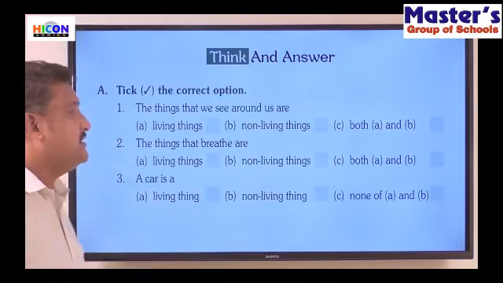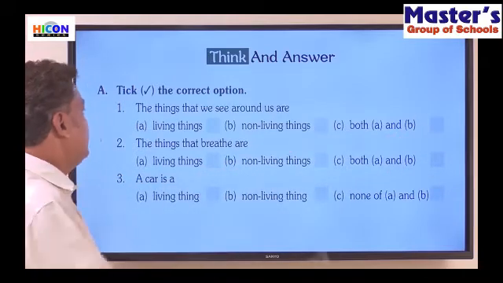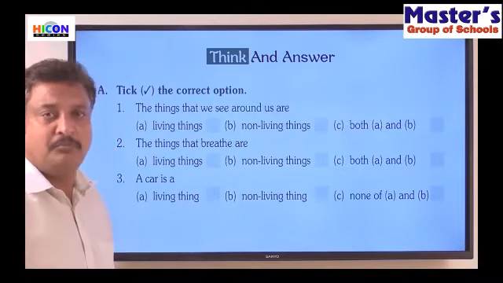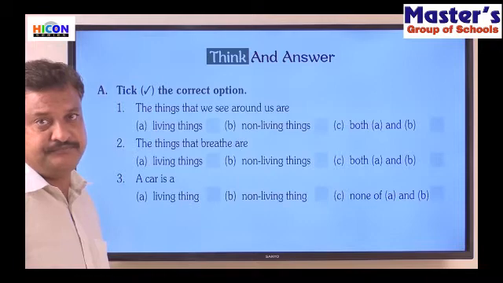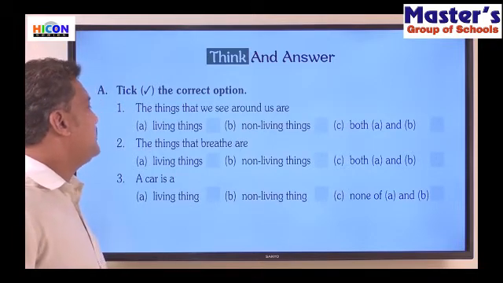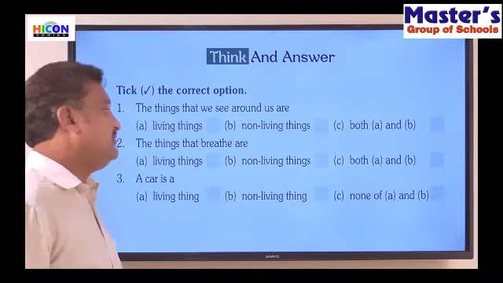So, what is the right answer here? Both A and B. Means what? The things that we see around us are both living things and non-living things.